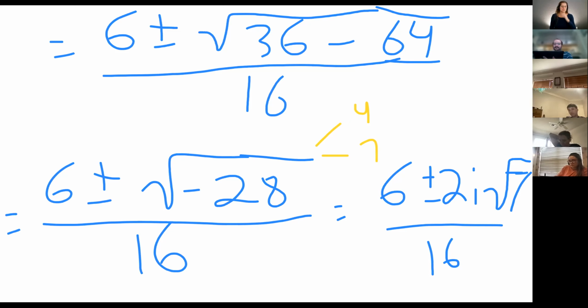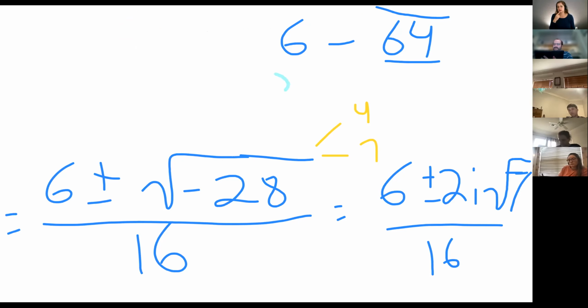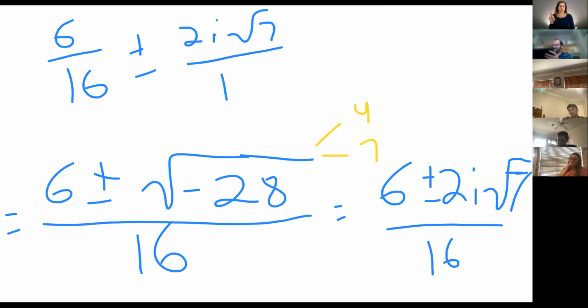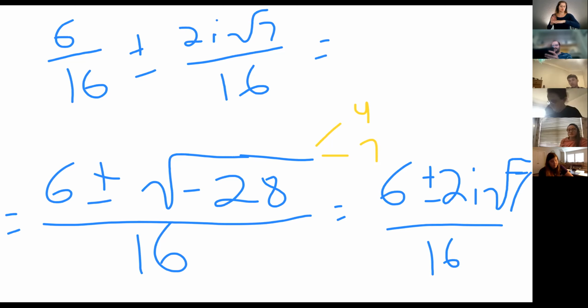I'm sorry, what was that? You would do 6 by 16, or what would you do from here? I think it's simplified. Yeah, so you're almost there, right? 6 over 16, and we have plus or minus, and we have a 2i root 7 over 16.